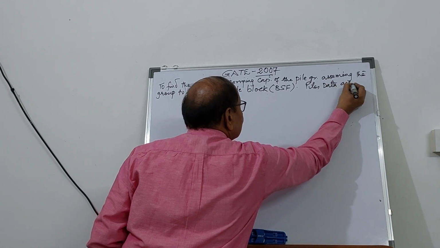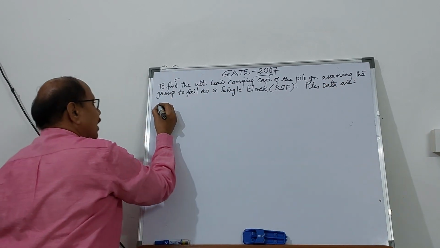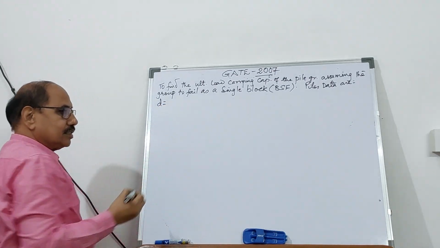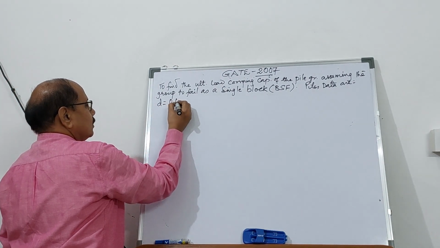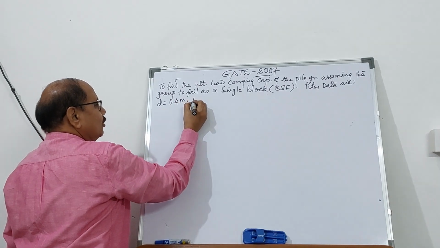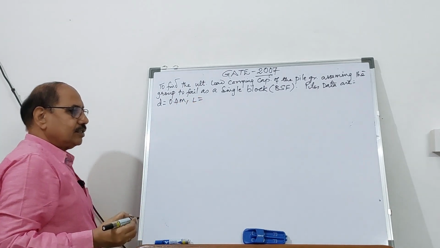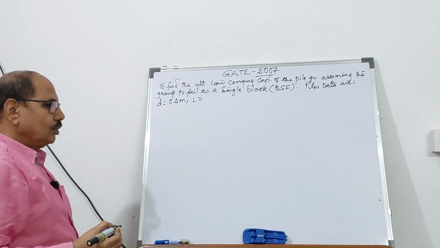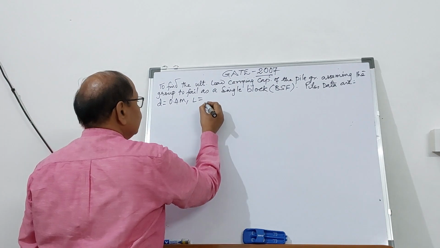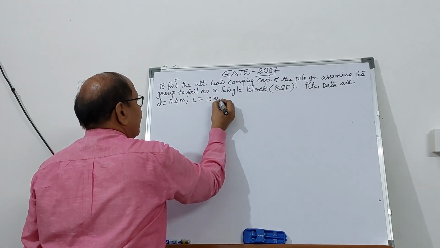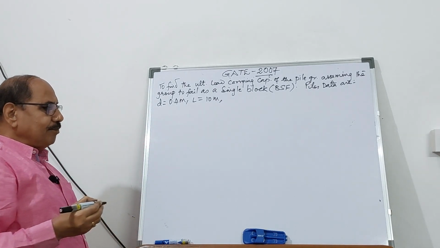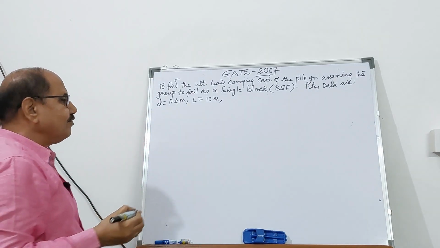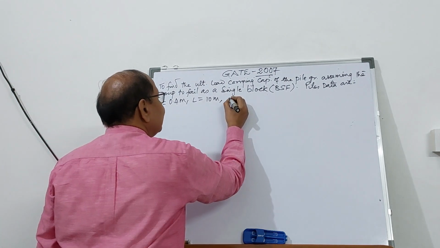Data are diameter of the pile is supplied to you as 0.4 meter, and the length of the pile is also given to you as 10 meter, and this pile group is embedded in a cohesive soil bed.